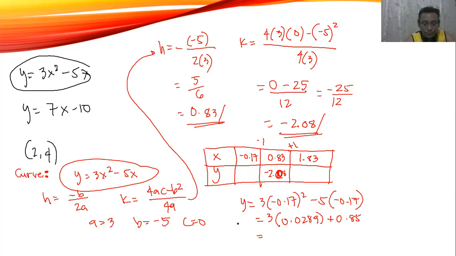So 3 times 0.0289 is equal to 0.0867 plus 0.85 is equal to 0.9367, or i-round off natin, two decimal places, 0.94. Also, this is equal to 0.94.